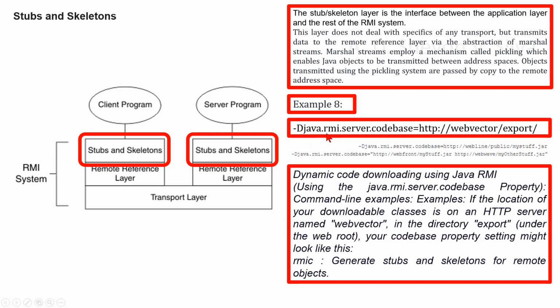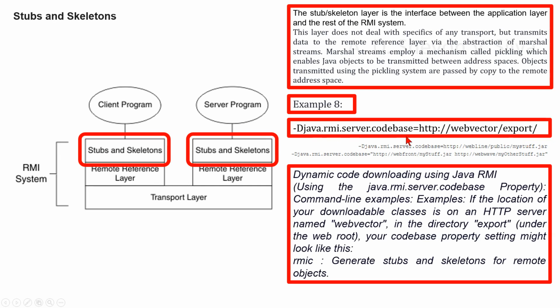Now we are considering command line examples of dynamic code downloading using Java RMI, using the java.rmi.server.codebase property. If the location of your downloadable classes is on the HTTP server named webvector in the directory export under the web root, your codebase property setting might look like this.